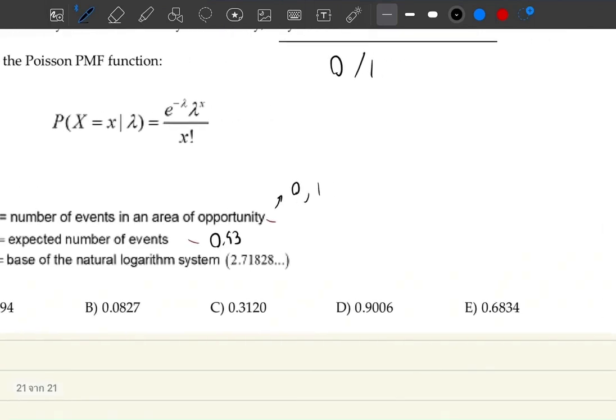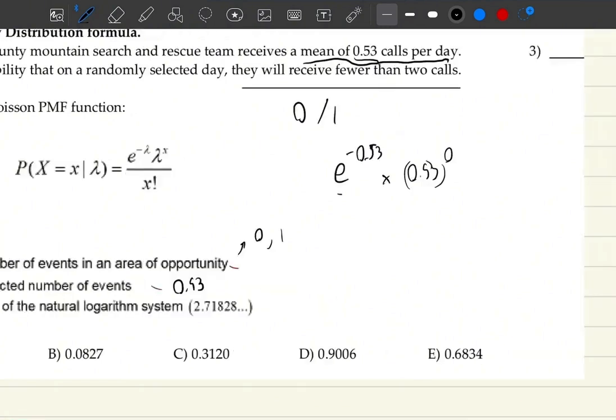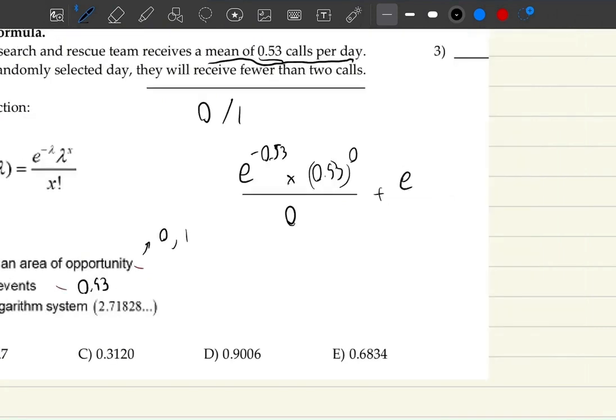So for the formula, it's going to be e to the power of negative 0.53 times 0.53 to the power of 0 divided by 0 factorial, plus e to the power of negative 0.53 times 0.53 to the power of 1 divided by 1 factorial.